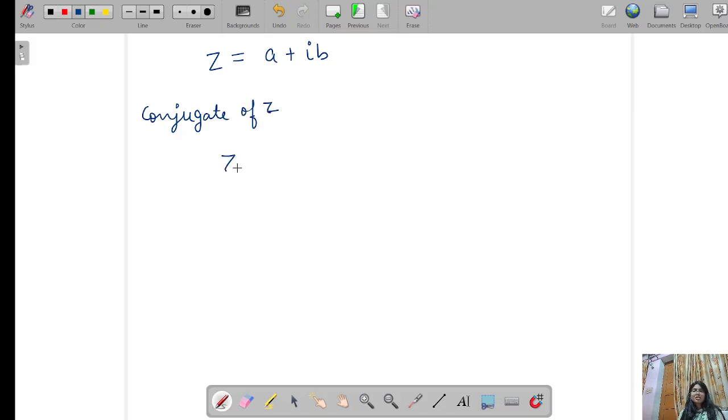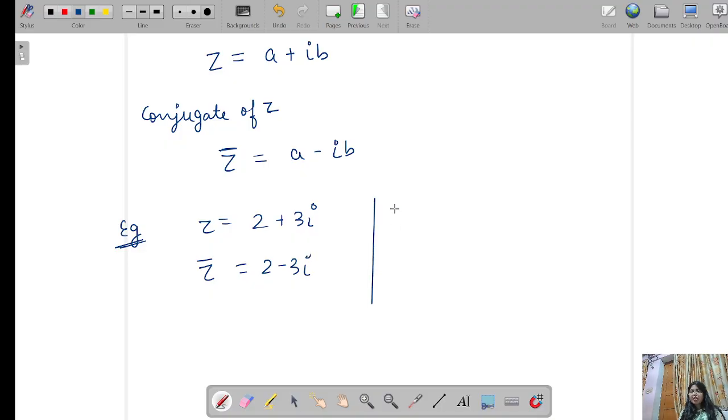Conjugate of z is this. I take the bar on the z and I change the sign of the imaginary part. Let's suppose I have taken this example. This is z. Now, what will be the conjugate of z? It will be this. And if I'm taking the example this.